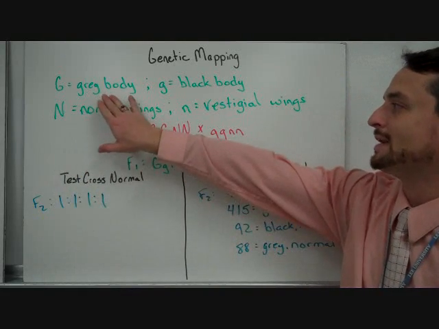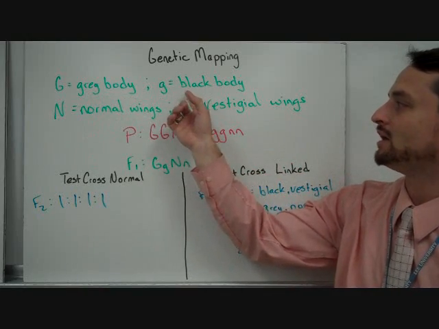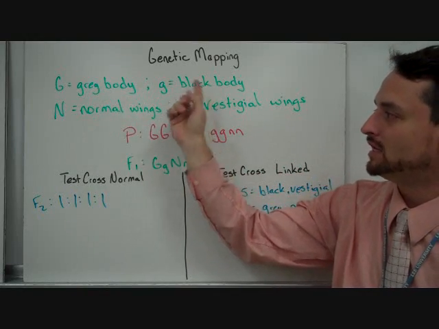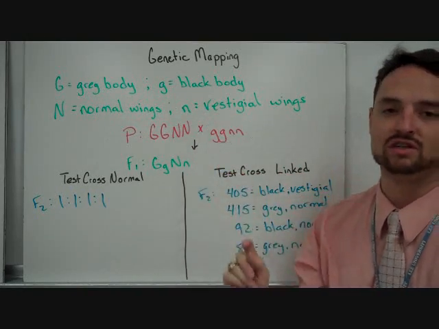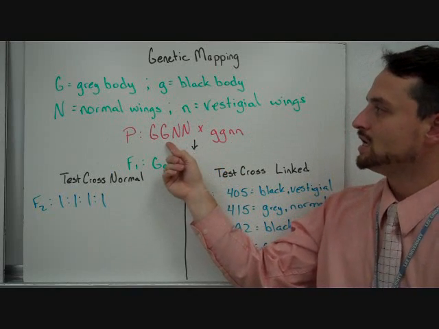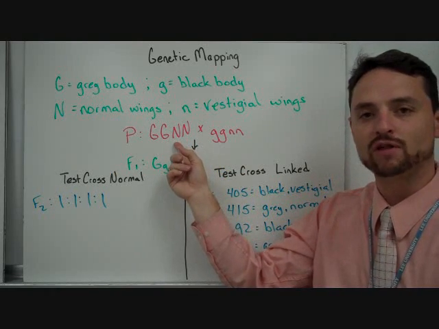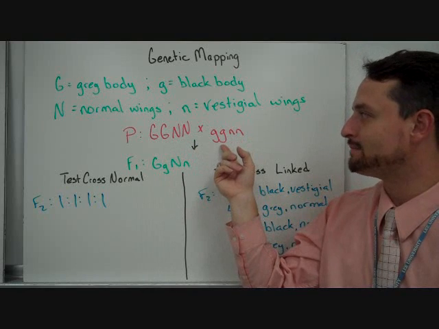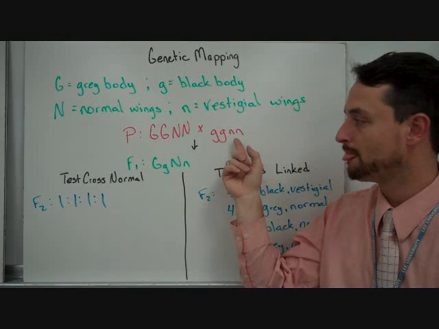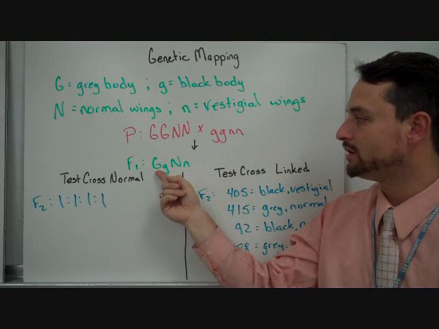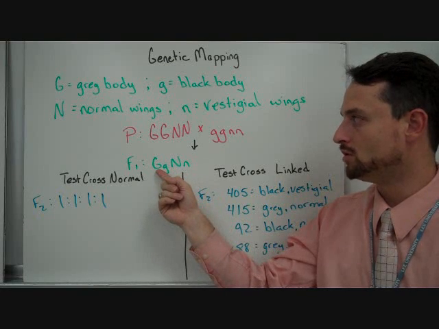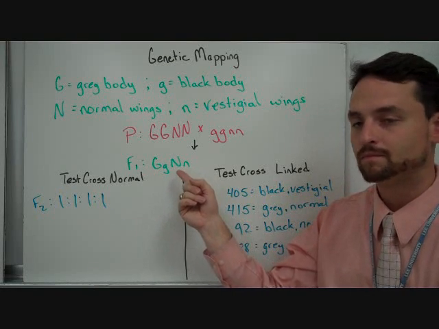We took a gray body, gray body is dominant to black body, normal wings is dominant to vestigial wings. So we took a gray body normal wing fruit fly, crossed it with a black body vestigial wing fruit fly. All of the F1s were gray body normal wing.